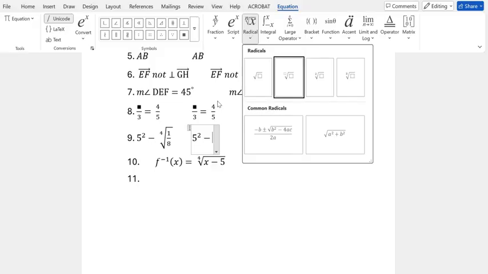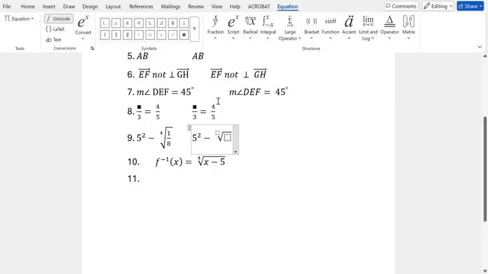Okay, that gives me a number in that space. Enter. So I go up to the degree, which is 4. 4. The power of 5 squared minus the fourth root of. End root.